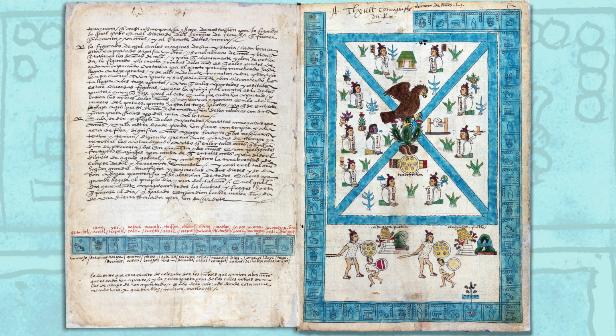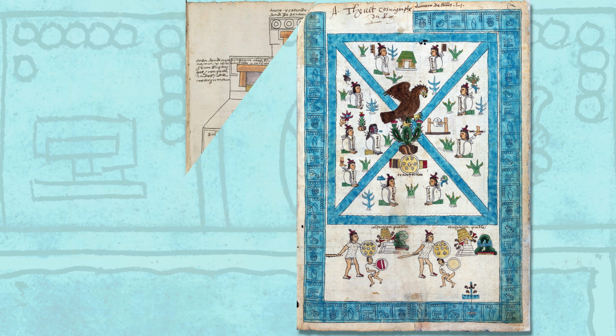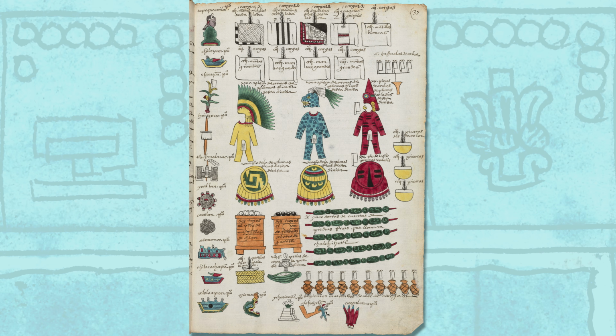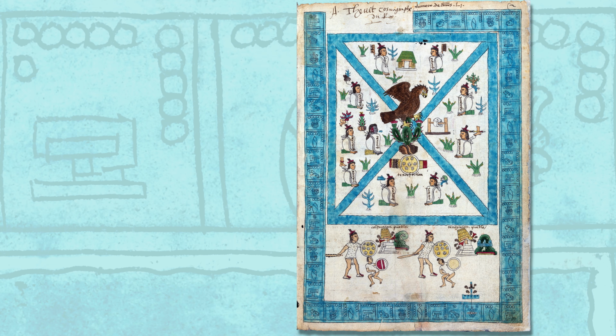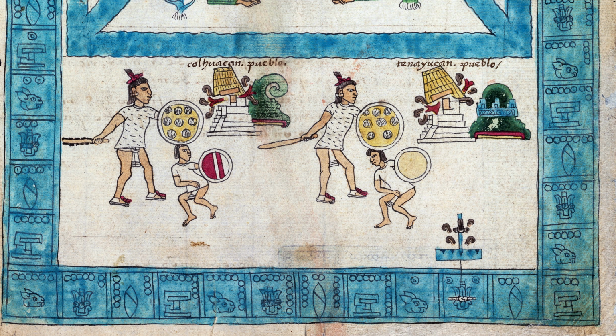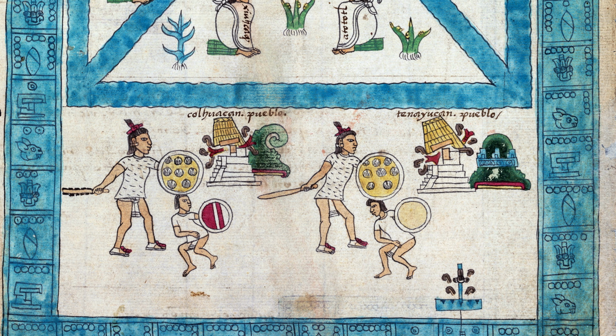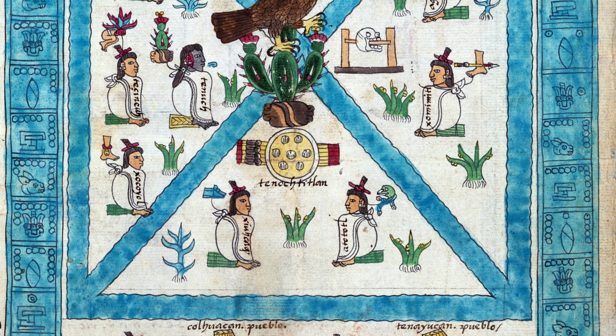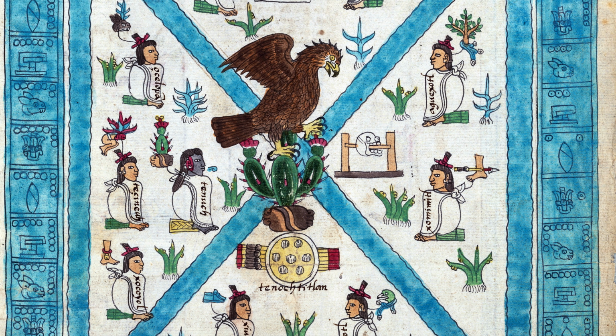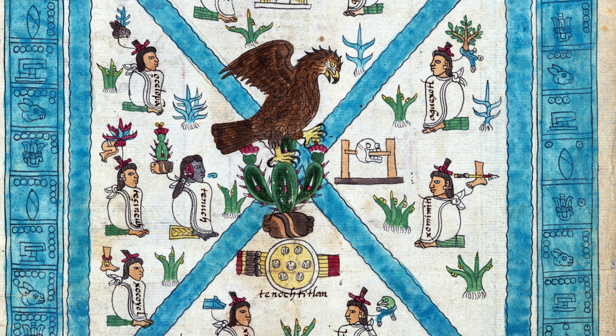The map opens the codex, which contains detailed information about Tenochtitlan's rulers, the tribute paid by conquered people, and daily life. The artist or artists who made the Codex Mendoza were indigenous, and the images were annotated in Spanish by someone who spoke Nahuatl, the language spoken by the Nahuas, or the ethnic group to whom the Aztecs belonged.